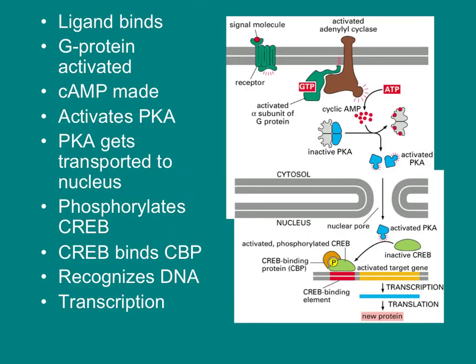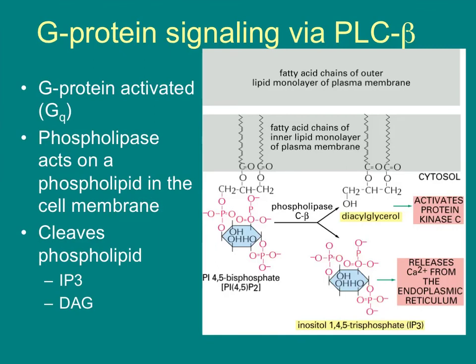So all of this ends up binding, and this is a transcription factor that turns on transcription of whatever the target gene is. Right? It's really complicated. Would you agree with that? I personally think it's really complicated.